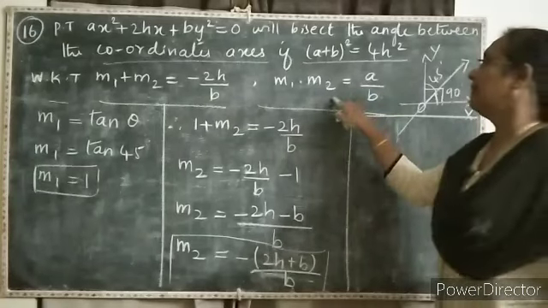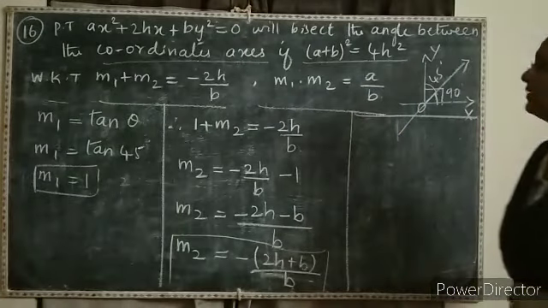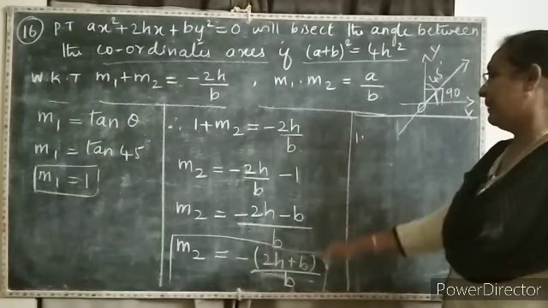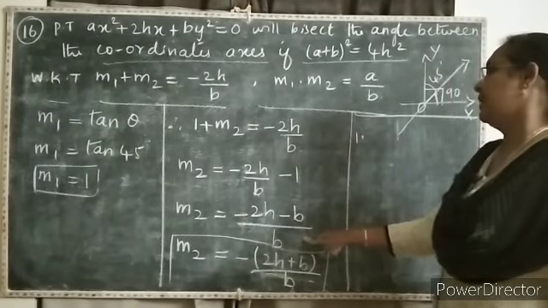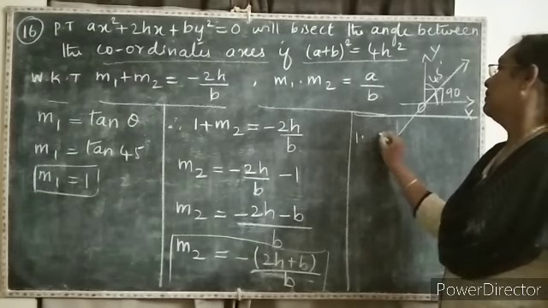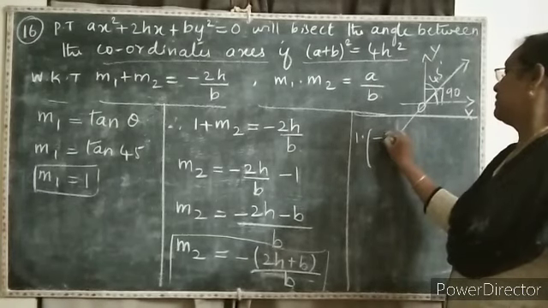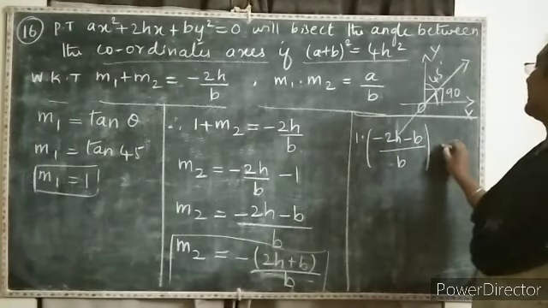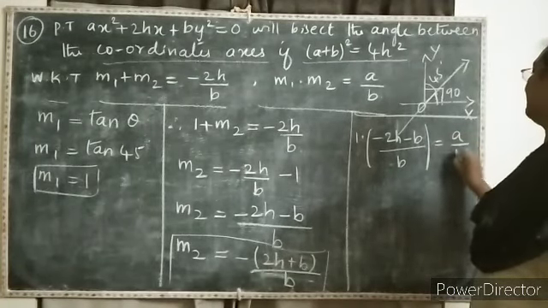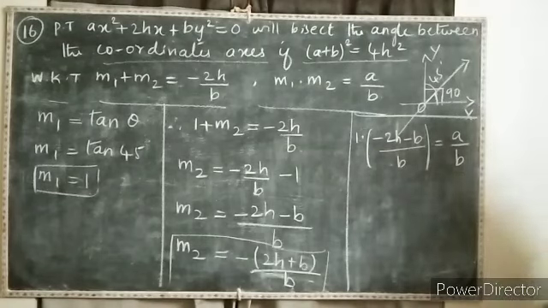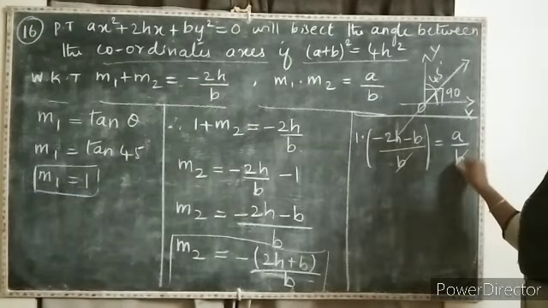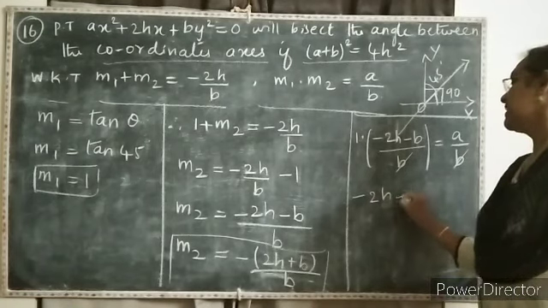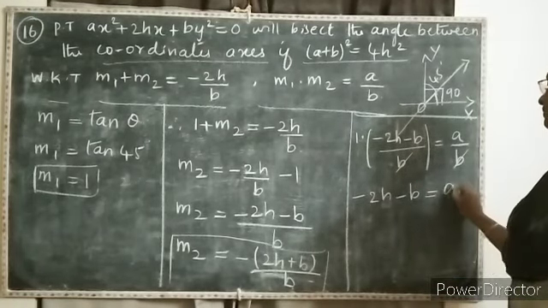Now m1 into m2 equals a divided by b, isn't it? m1 is how much? 1. So 1 into m2 is minus 2h minus b, divided by b, equal to a divided by b, isn't it? Now shall we cancel this b which is common? Yes, so the next step is minus 2h minus b equals a.